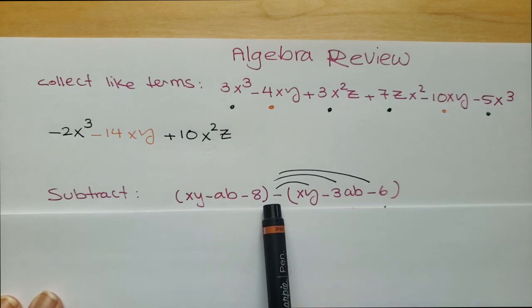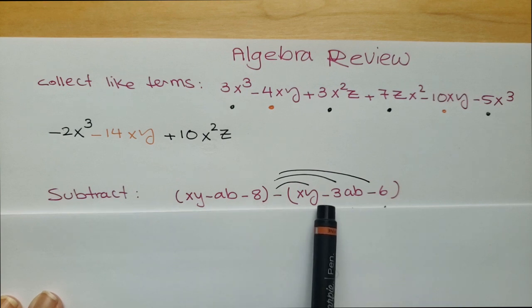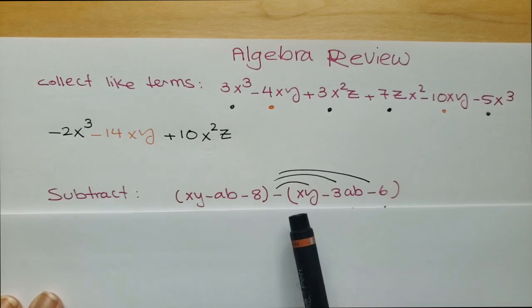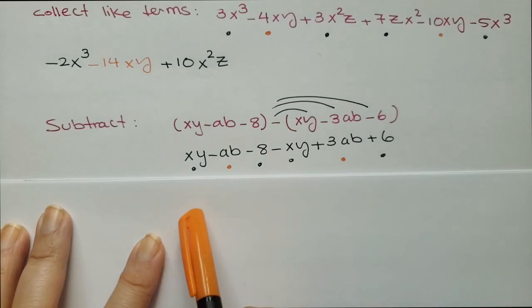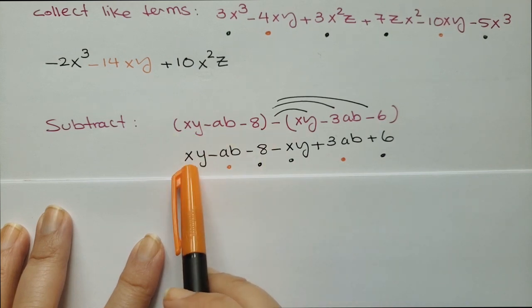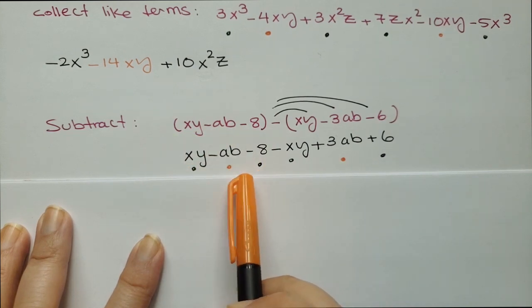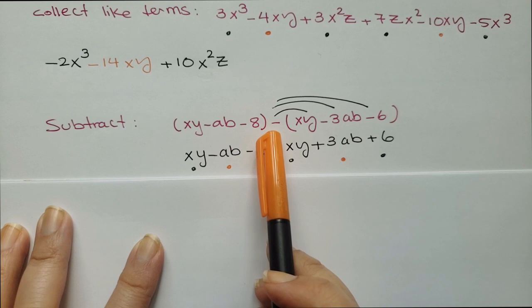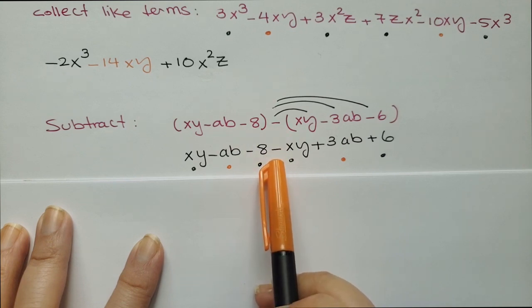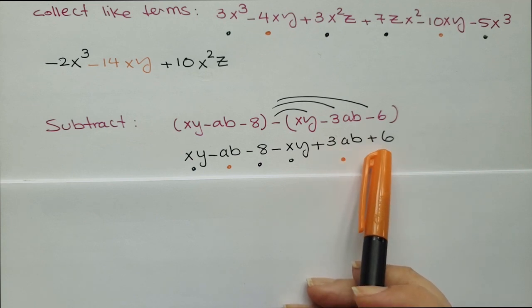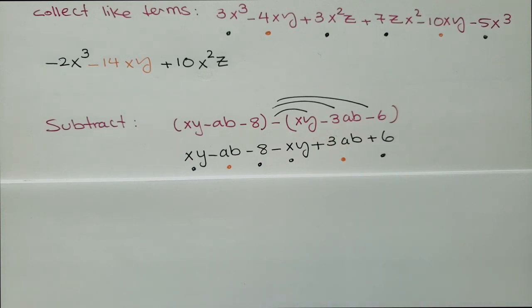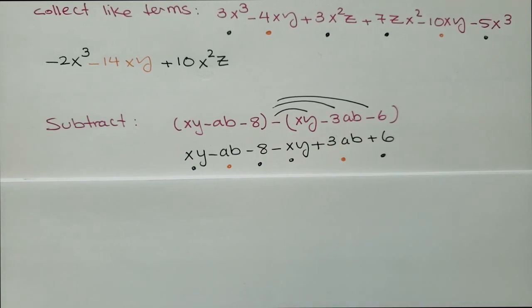So here, this negative sign in front of the second bracket will actually flip the sign of all the terms in the second bracket. So here, the first bracket, I just write it as it is, but in the second bracket, each sign is flipped, so it turns into negative xy plus 3ab and plus 6. After that, the next step would be finding like terms.